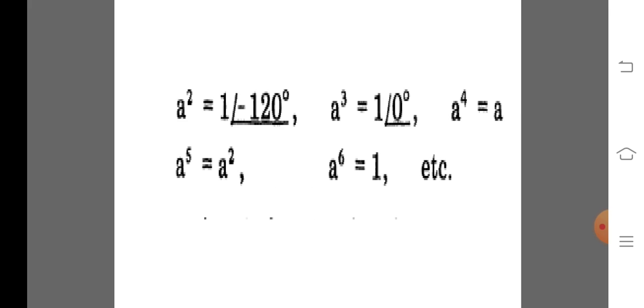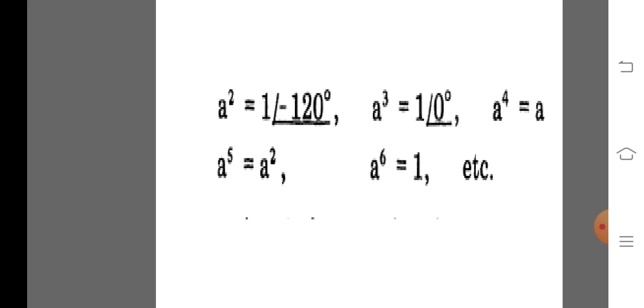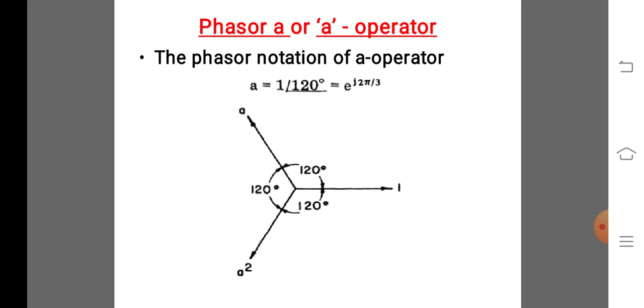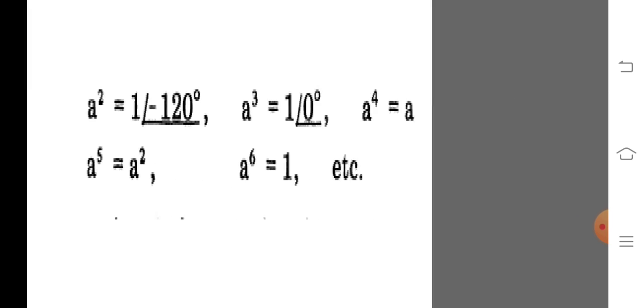This is a mathematical function of the phase angle difference. a square equals 1 angle minus 120 degrees. a cube equals 1 angle 0. a power 4 equals a, and a power 5 equals a square. This representation is under the control of the phase angle difference between two phases.